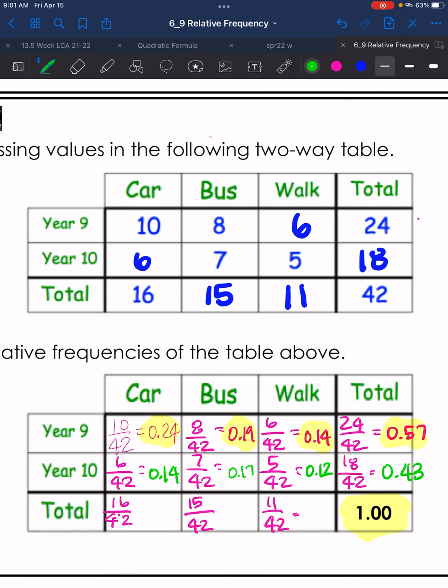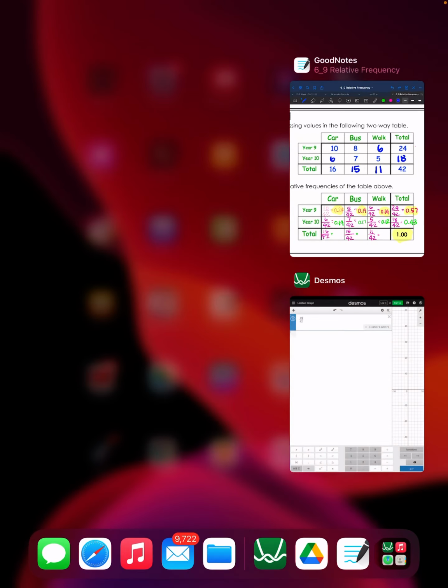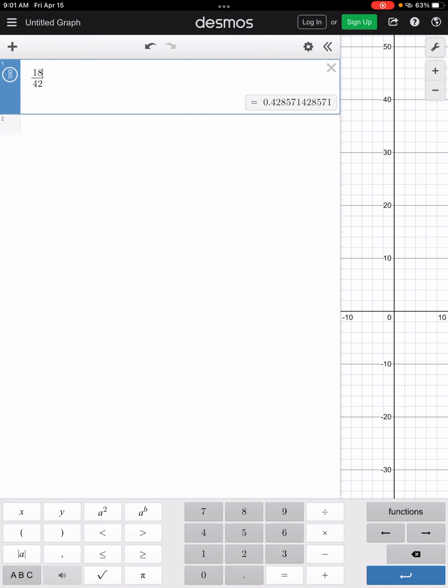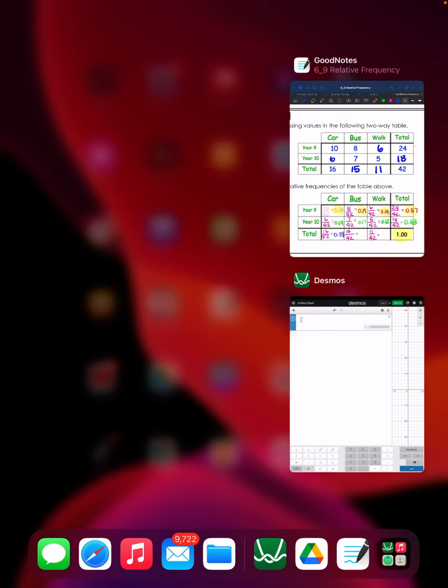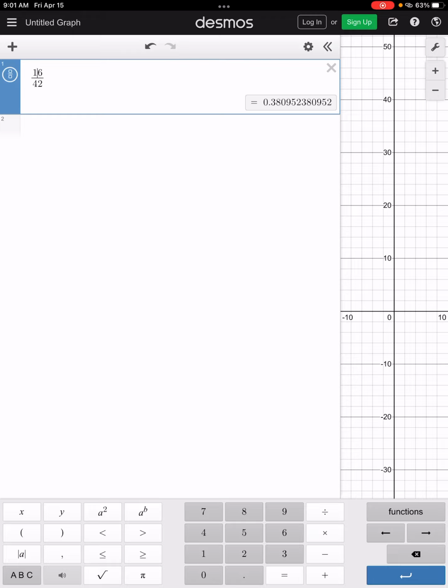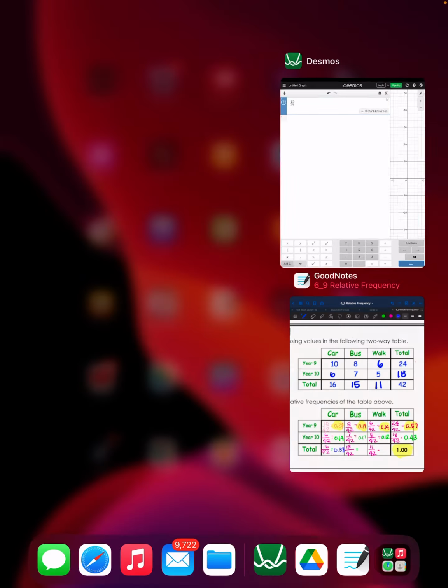All right, almost done here. We could do that, or we could honestly add these numbers to give us these fractions. But I'm just going to do what I was doing before. 16 divided by 42 is 0.38. 15 divided by 42 is 0.36.